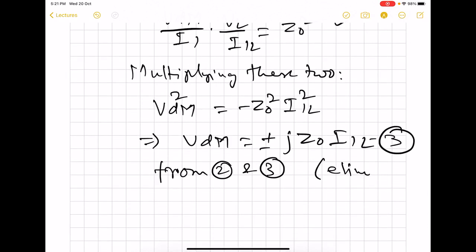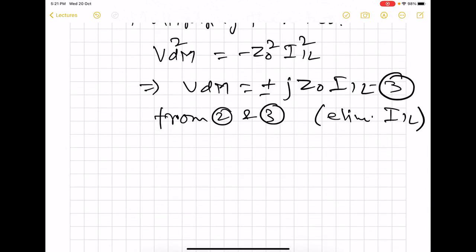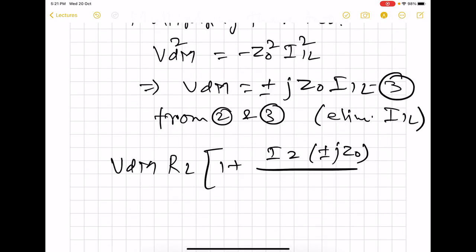Eliminating I1L, what we get is VDM into RL into 1 plus I2 into plus minus j Z naught divided by VDM, equal to Z naught square I1.